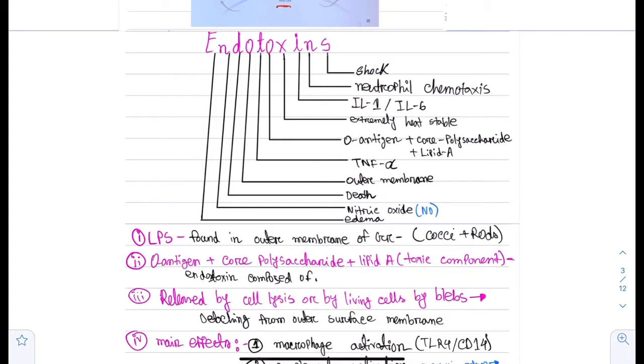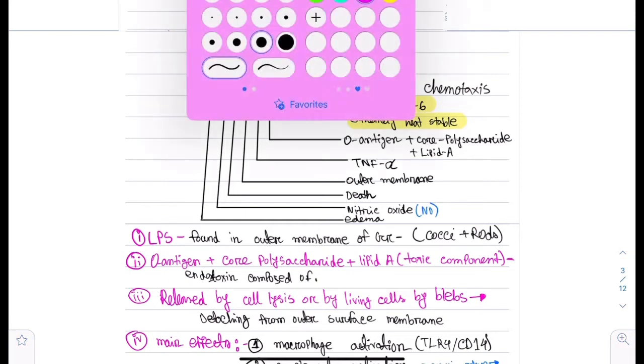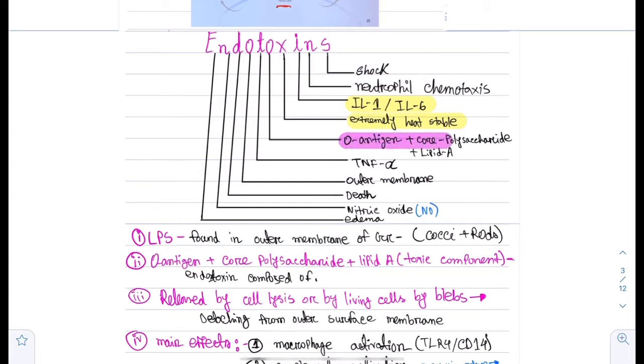So it's specific that endotoxin only releases interleukin 1 and 6. Then the X: bacteria which contain endotoxin, especially E. coli, are extremely heat stable. And then it has O antigen, and also it has core polysaccharide and lipid A. So these are the three elements which the bacteria is composed of.